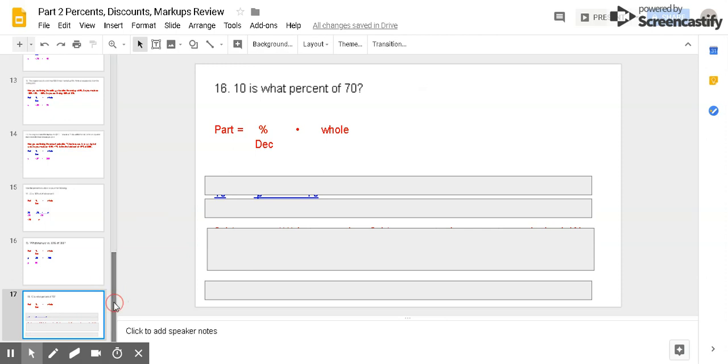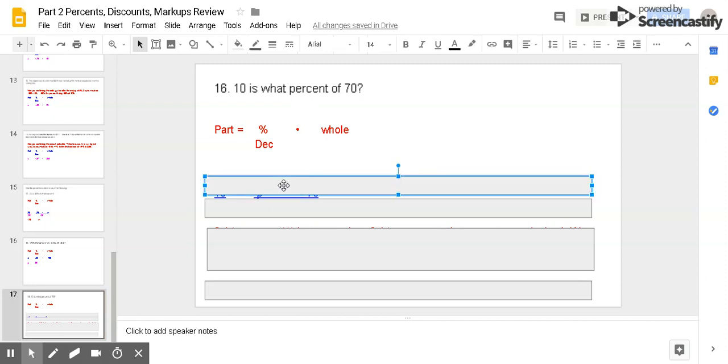And then for the last question, number 16, 10 is what percent of 70? Like I said, "is" pertains to equals. So 10 is your part, is your equals. What percent? You don't know what your percent is, so I'm just going to call that X. You can call it Y, you can call it whatever you want.